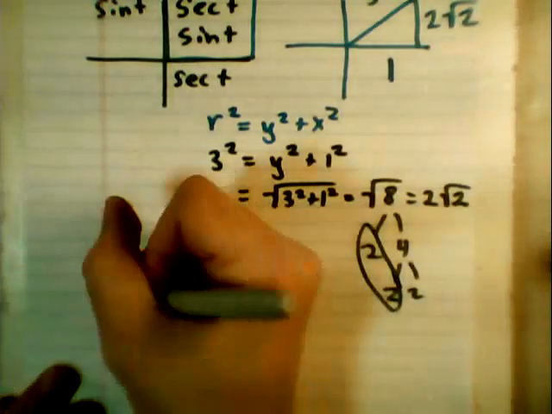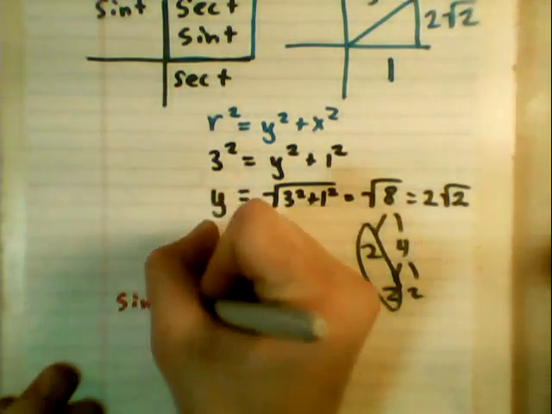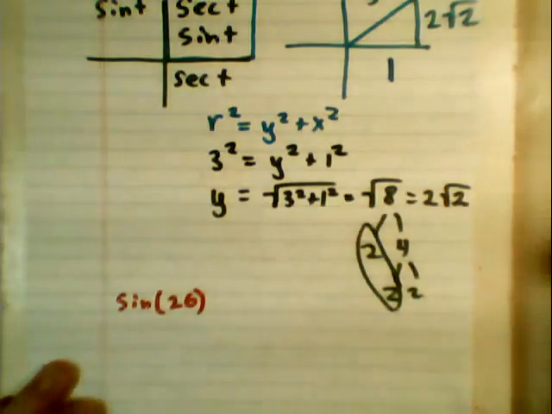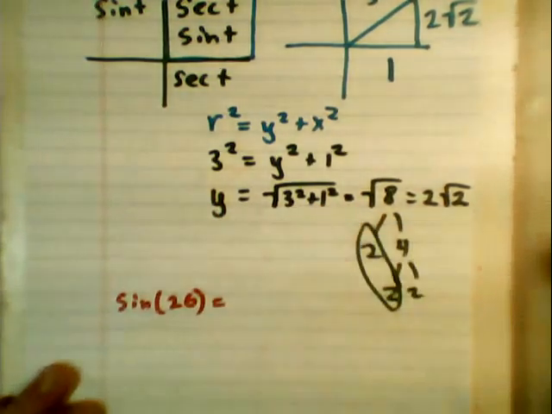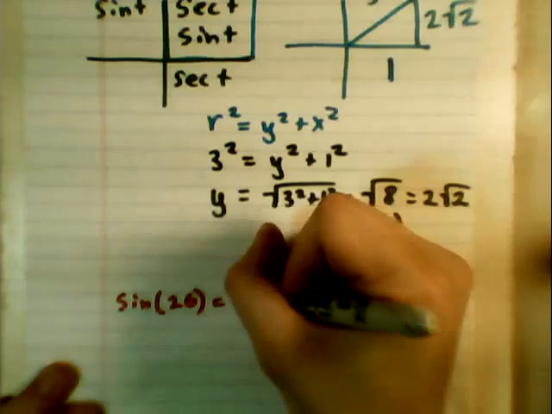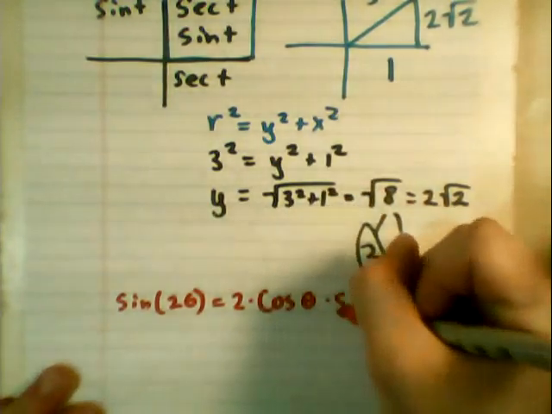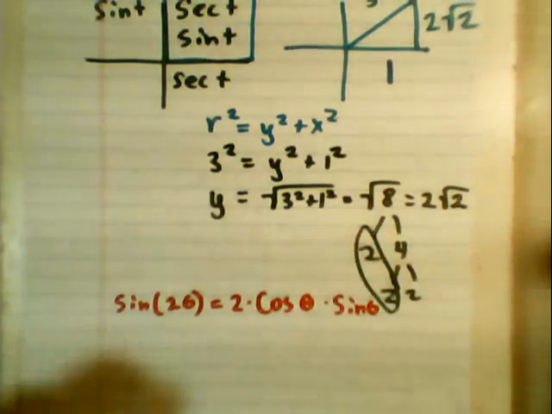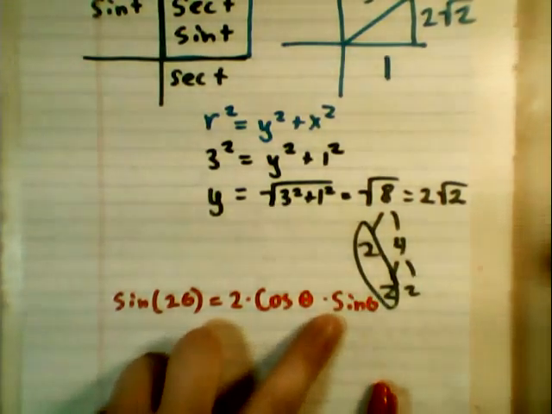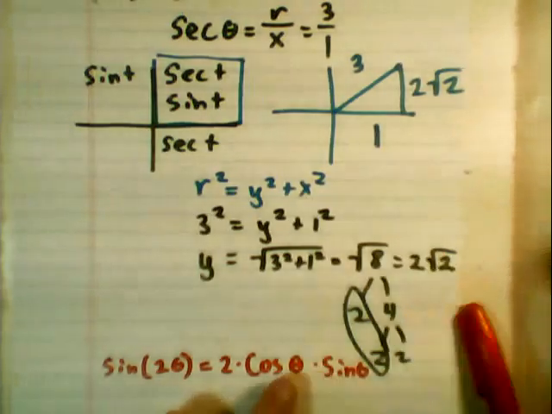So it asks for sine of 2 theta, which is the double angle, and the equation for that is 2 times cosine theta times sine theta. So what is our cosine theta and our sine theta? Well, if we look at our triangle, we can figure that out.